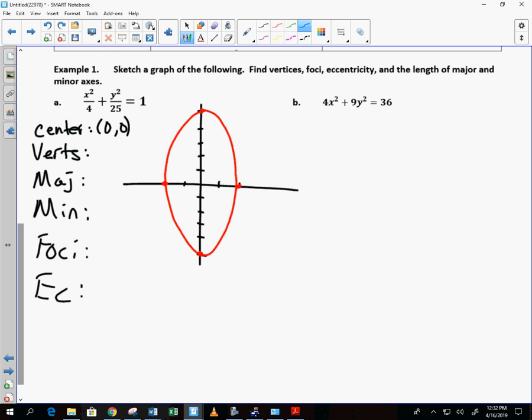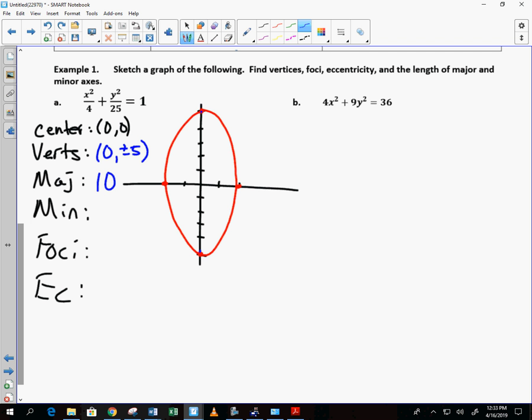So, you tell me, what's the location of the vertices? 0, 5 and 0, negative 5. So 0 plus or minus 5. What is the length of the major axis? 10.